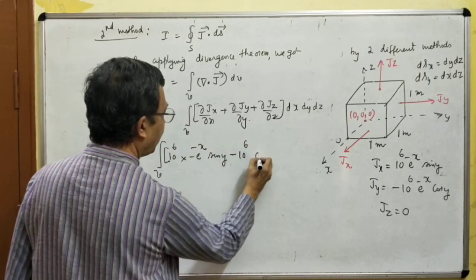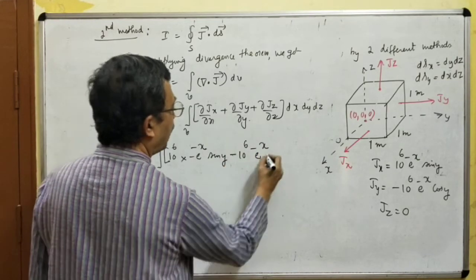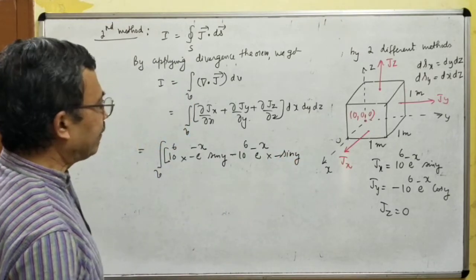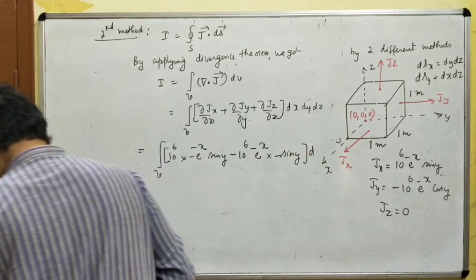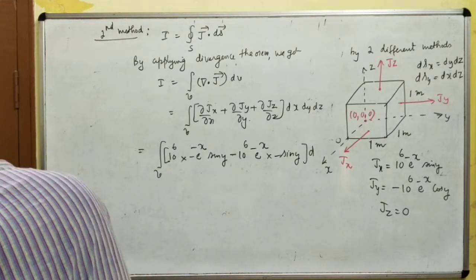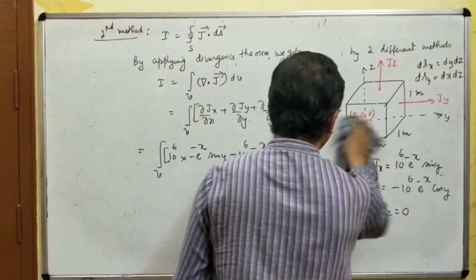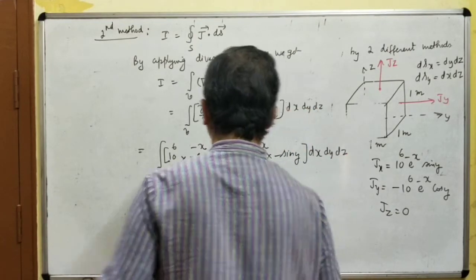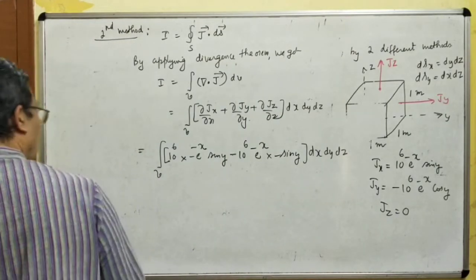Minus 10 to the power 6 e to the power minus x. Cos y, if you differentiate with respect to y, you get minus sin y. Then it is dx dy dz. Volume integral is a triple integral.